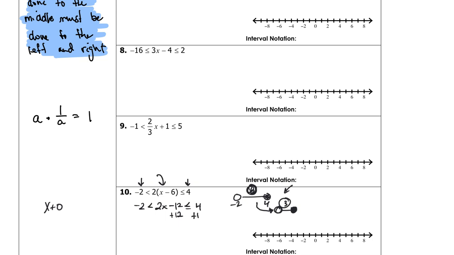So I'm going to go ahead and add 12 here, and then I'm going to add 12 here. So -2 plus 12 gets me +10, which is less than or equal to 2x. And then 4 plus 12 is 16.